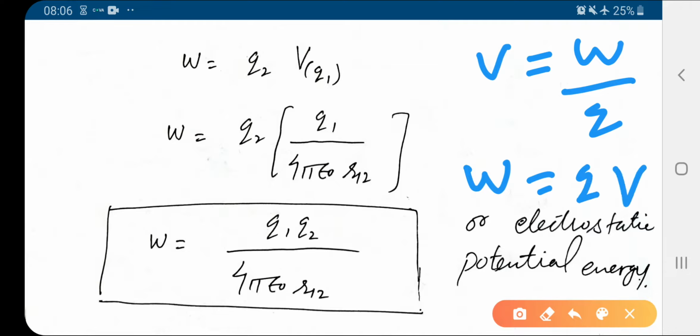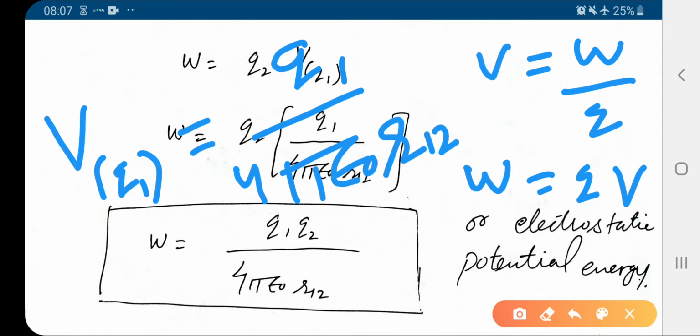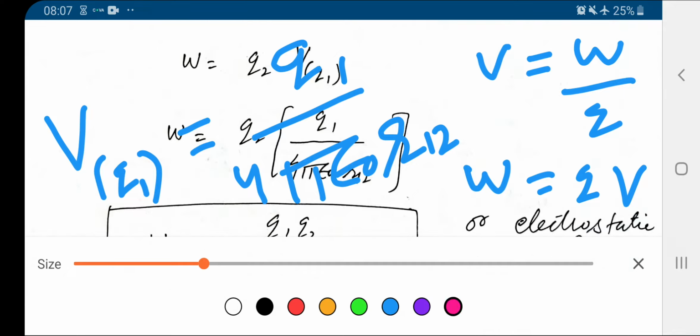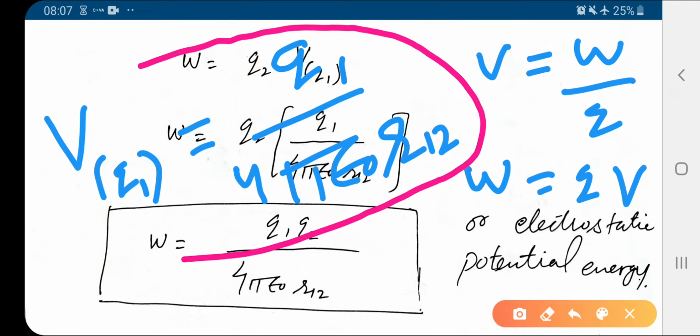The potential at point B due to charge q1 is charge over 4 pi epsilon naught times the distance, that is r12. So this whole is the potential at point B due to the charge at point A, which is q1.